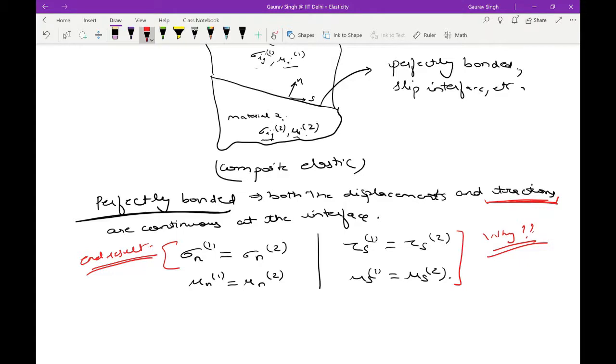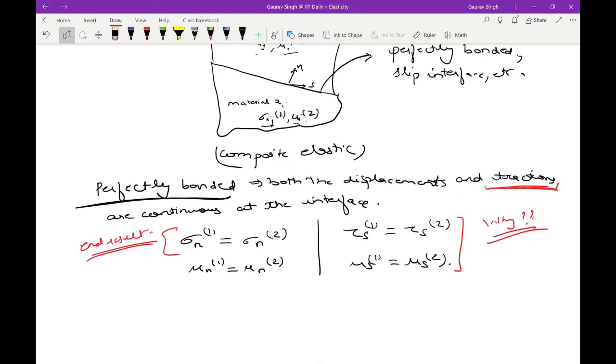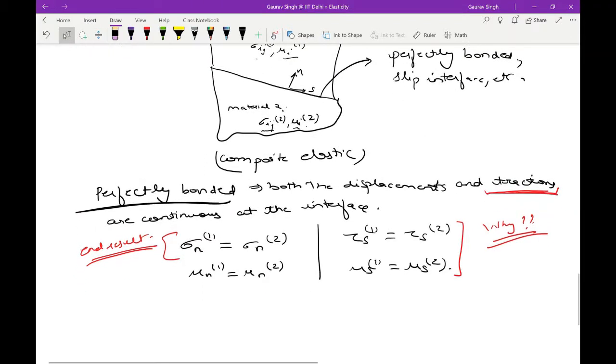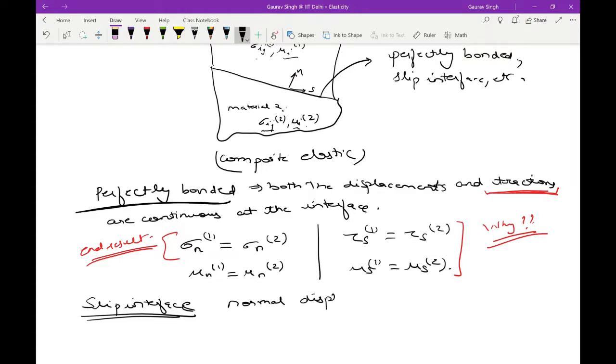Okay, so if you have, say, the other situation where the interface is a slip interface, in this case the normal displacement is continuous, but clearly not the shear one because there is slipping between them, and similarly the normal tractions will also be continuous.